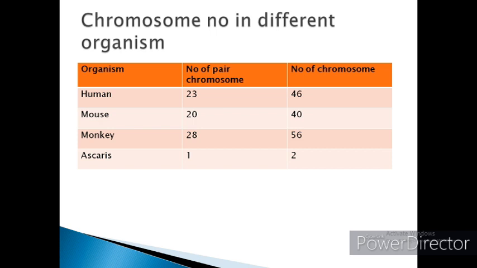In mouse we have 20 pairs and 40 chromosomes. In monkey it is 28 pairs and 56 chromosomes. Ascaris has one pair and only two chromosomes. So these are some of the organisms with their numbers of chromosomes and pairs of chromosomes.